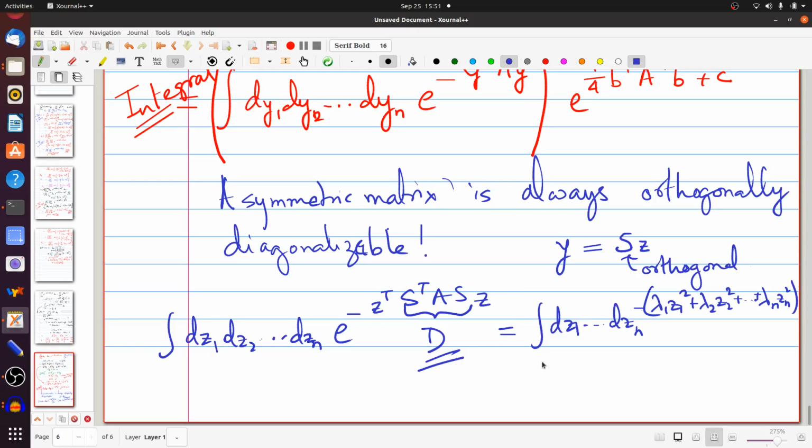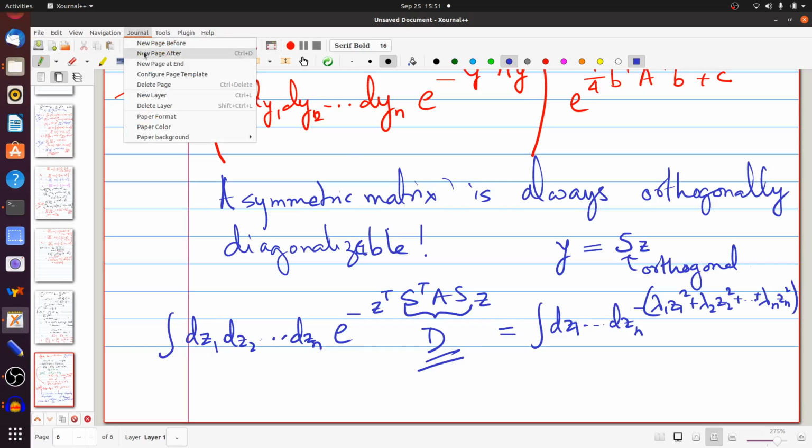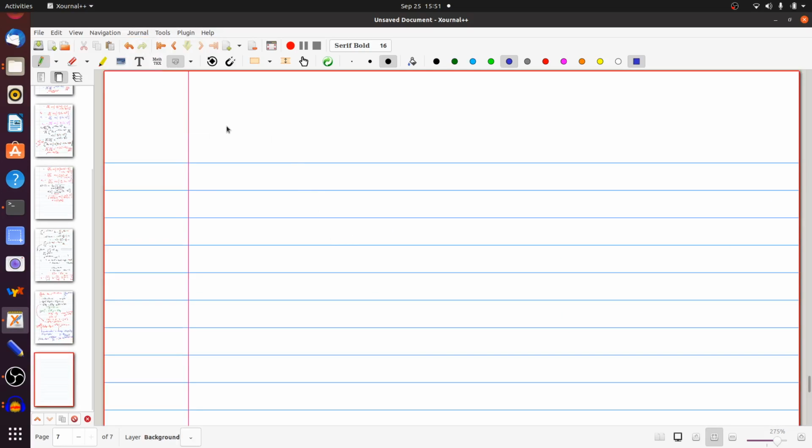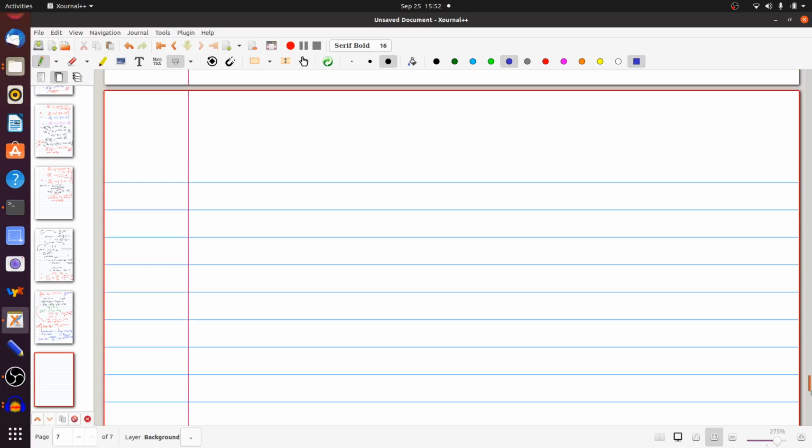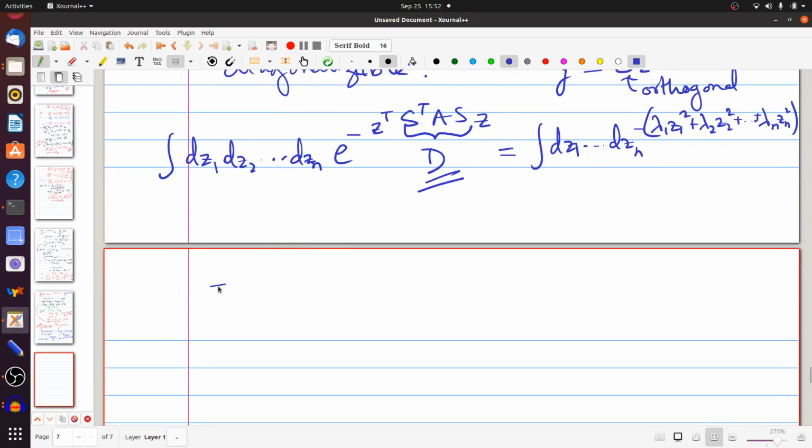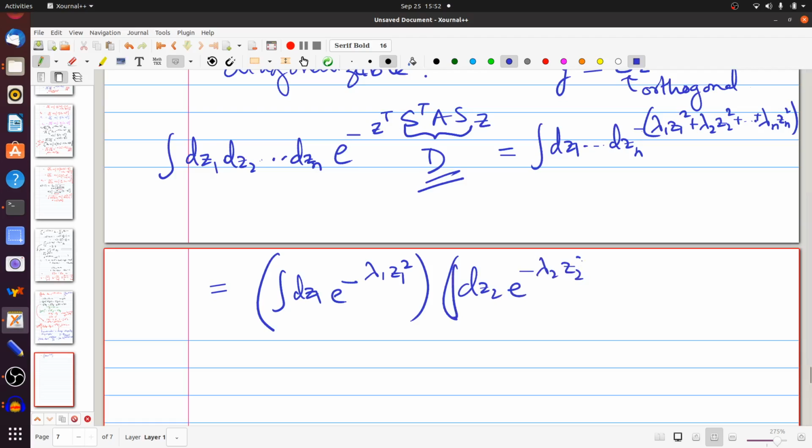Now this is very simple, because all you are doing now is you are going to do this integral in this fashion. You are going to just do dz1 e to the minus lambda 1 z1 square, dz2, all these integrals decouple, and you are left with n one-dimensional integrals to do, each of which are things whose results you know perfectly.